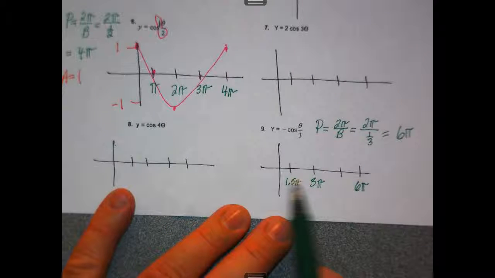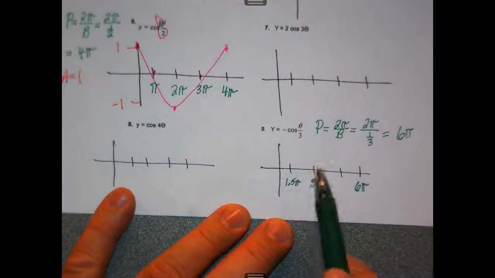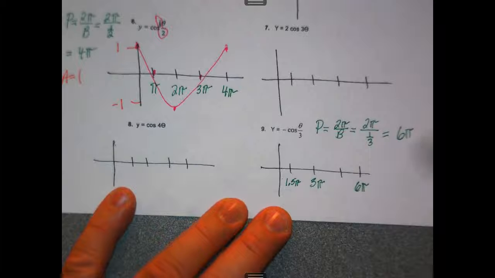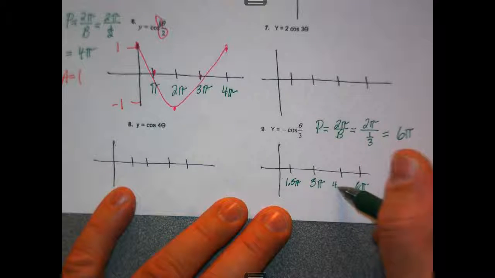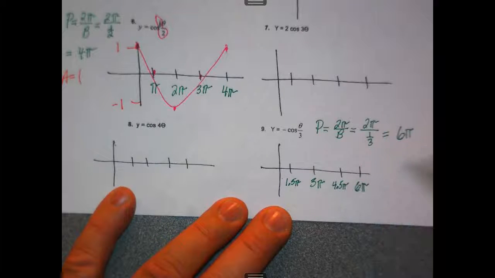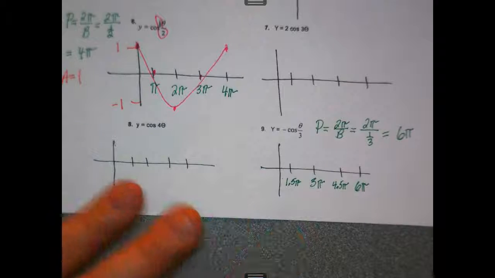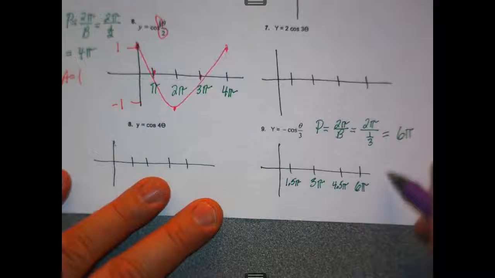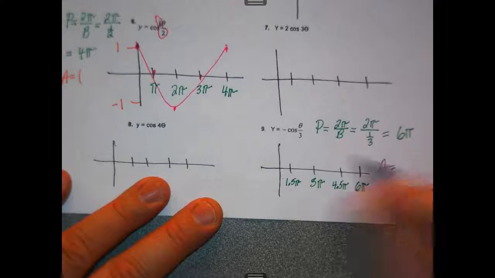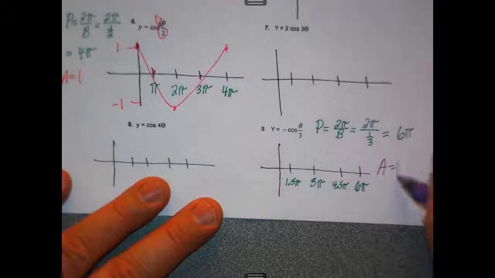So it's going up by 1.5. 1.5, 3, 4.5. Okay, what's my amplitude? Negative 1. So I need the absolute value of negative 1, which is 1.